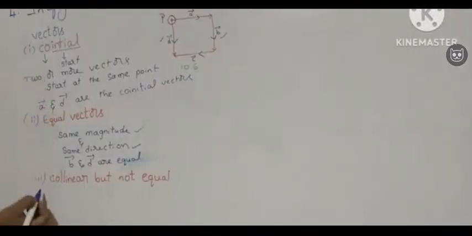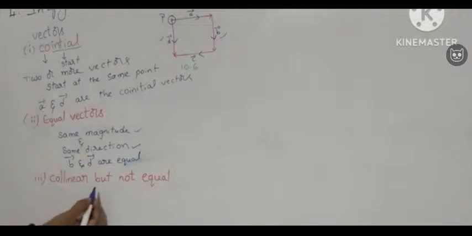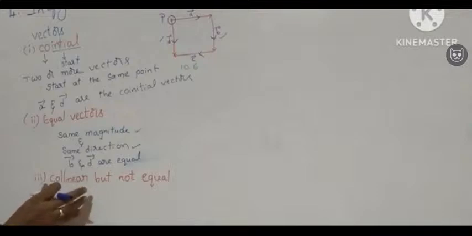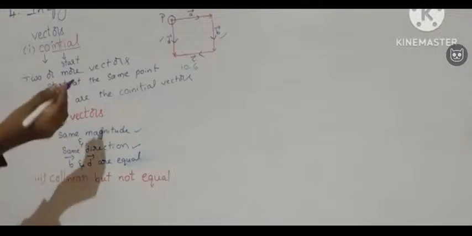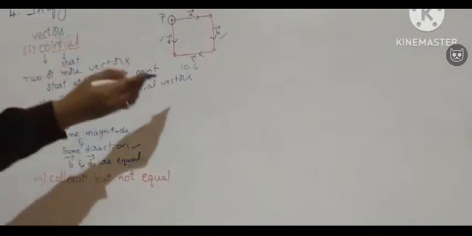The third sub-question is collinear but not equal. First I will give the definition. Collinear means two or more vectors are parallel to the same line. So I will take two parallel lines.